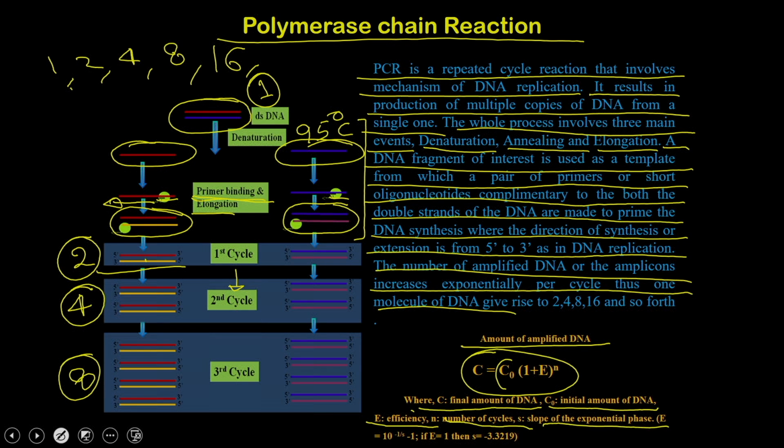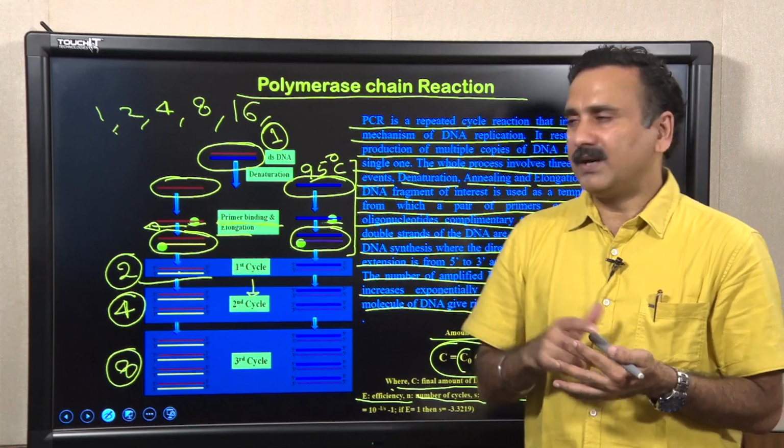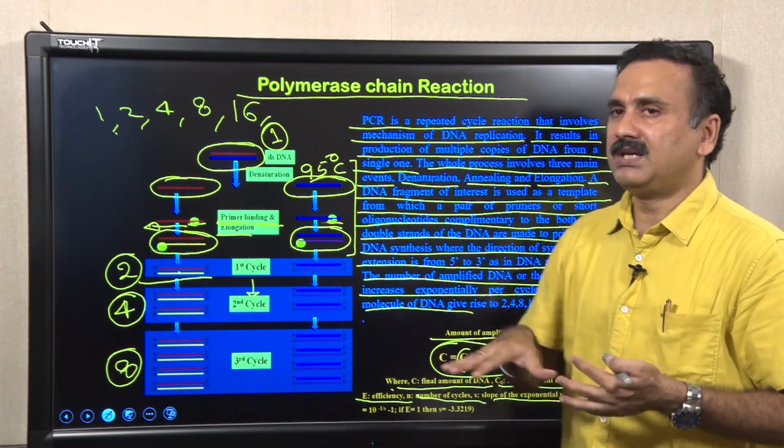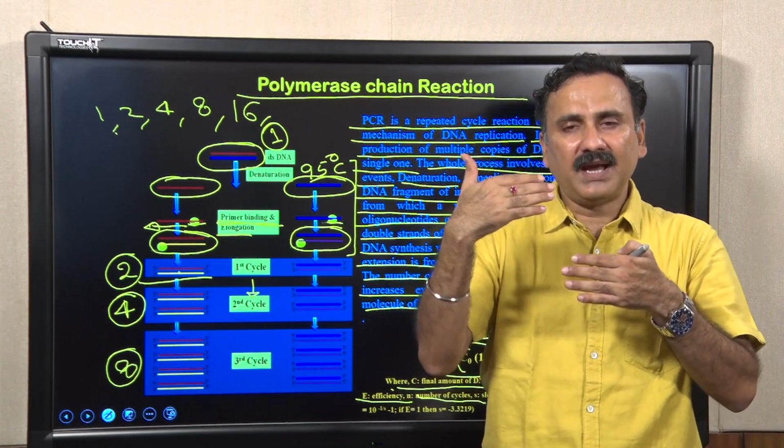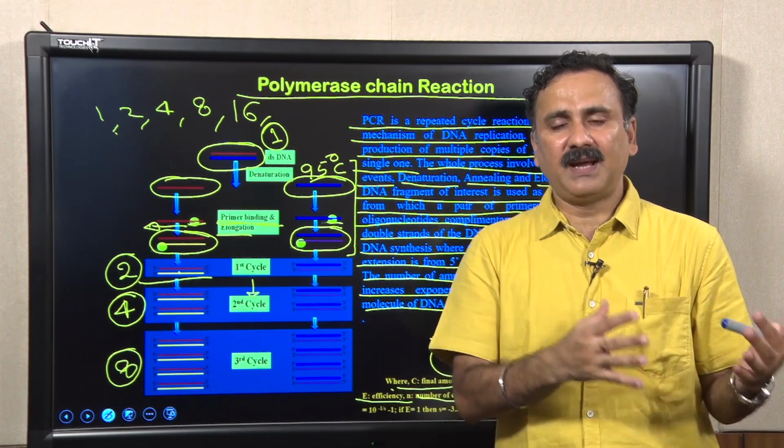S is the slope of the expansion phase, which you can calculate from this equation.